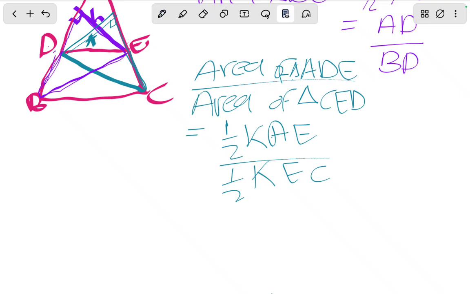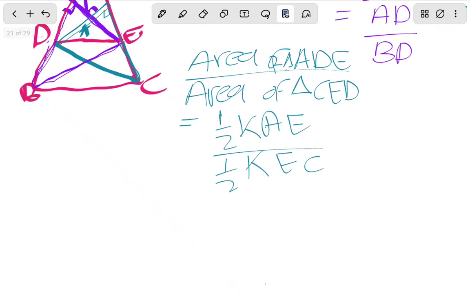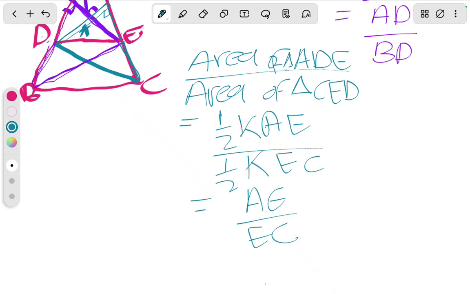So now we are closer to proving that this is equal. We're gonna conclude here that this will cancel that. It's gonna be AE divided by EC.